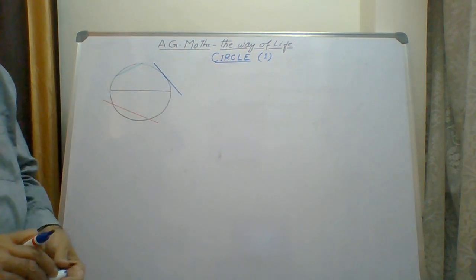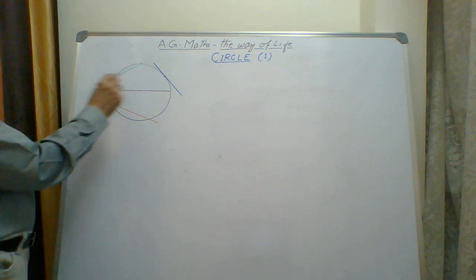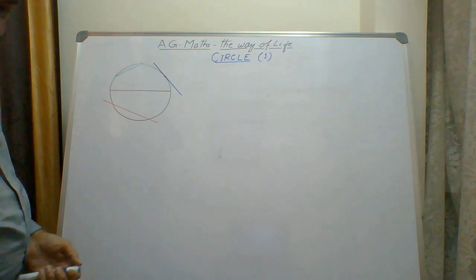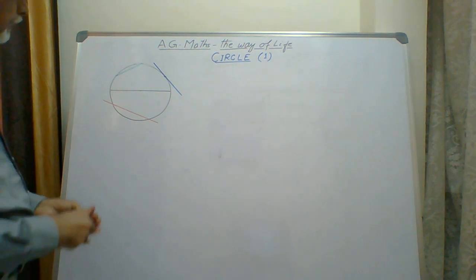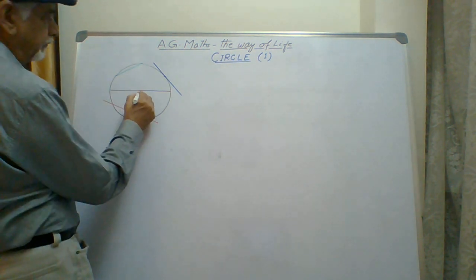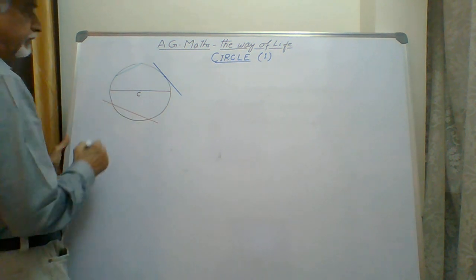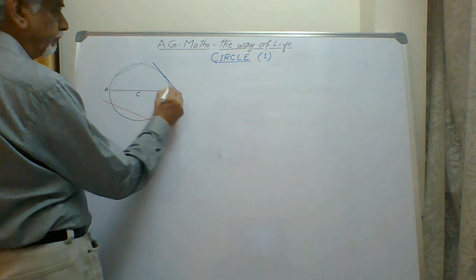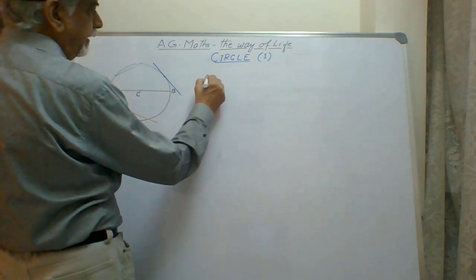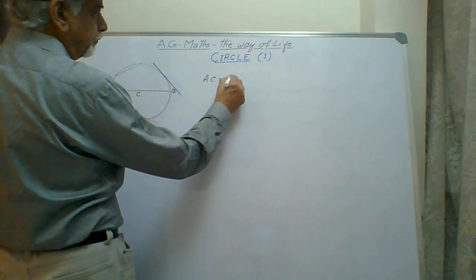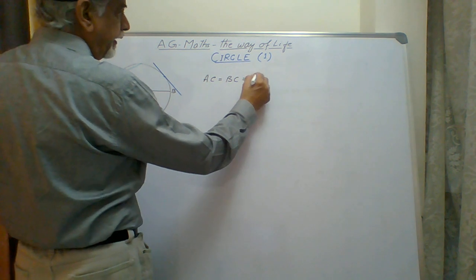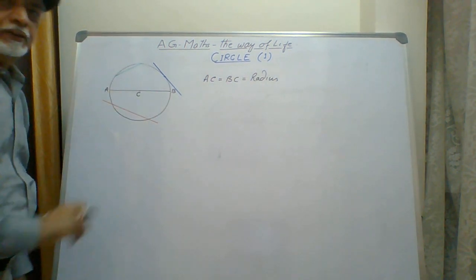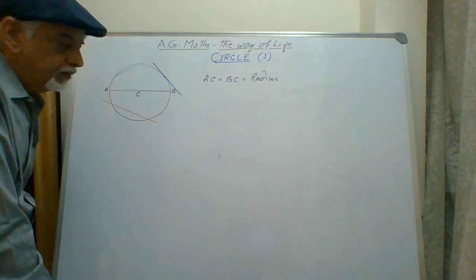here, then what are the names of these parts of the circle? We have already said that this is called the center. Suppose C is the center, then let it be called A and B. Then we say that AC must be equal to BC and must be equal to the radius, which we have already understood with the help of a clock.